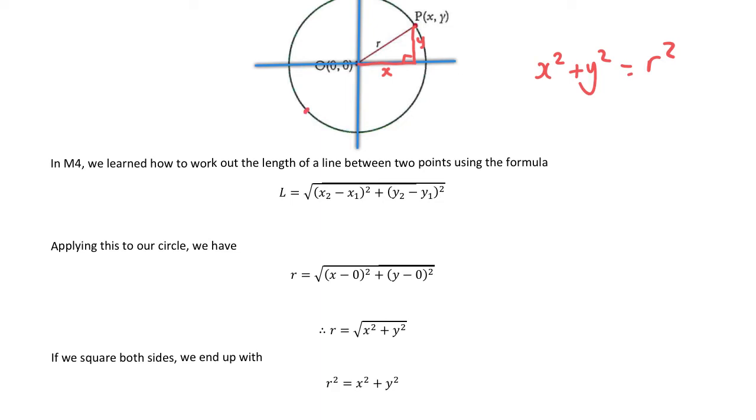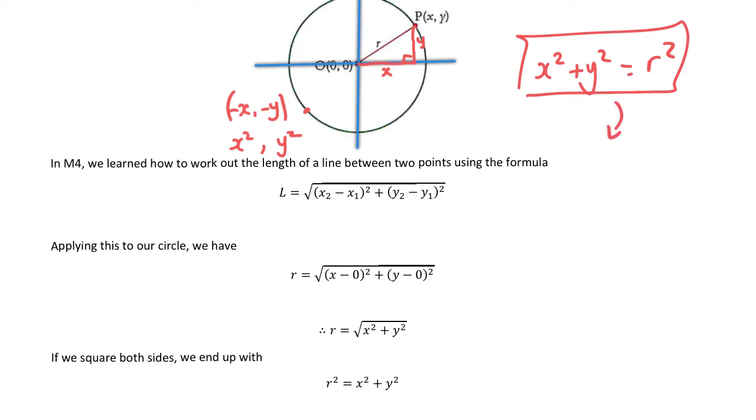If we were to go down here, for instance, we'd have a minus x and a minus y. And whenever we square minus x, we get x squared, and when we square minus y, we get y squared. So we'll still end up with the same equation, and that will always have a centre of 0, 0 and a radius of r.